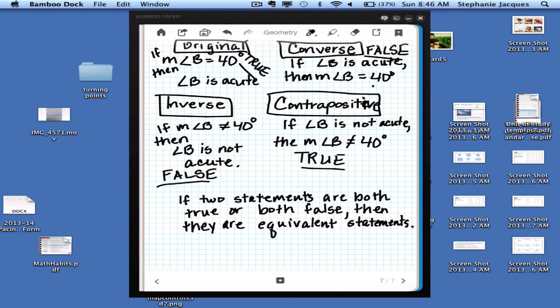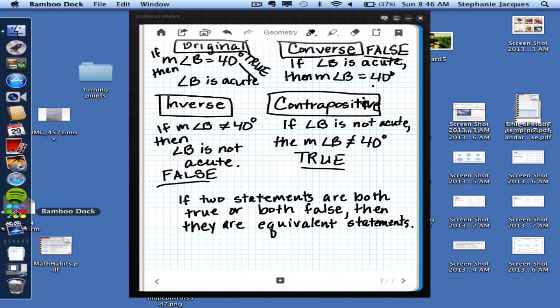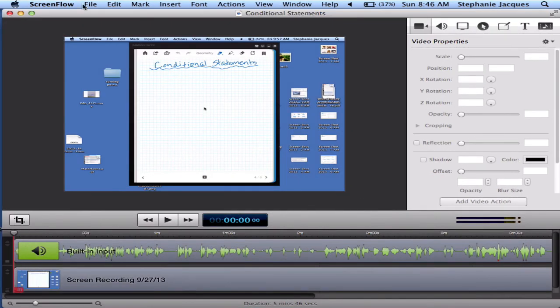Because they're both false or both true. So the original and the contrapositive in this case are equivalent statements with one another. The converse and the inverse in this case are equivalent statements with one another. So really focus on your vocabulary in this section, because that's really what you're going to be tested on.